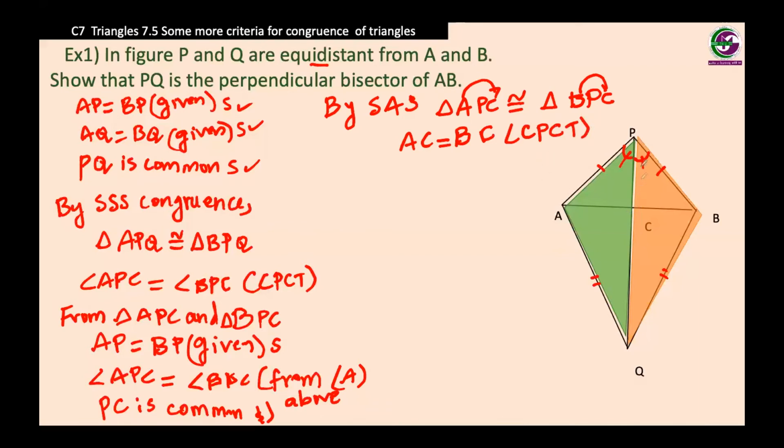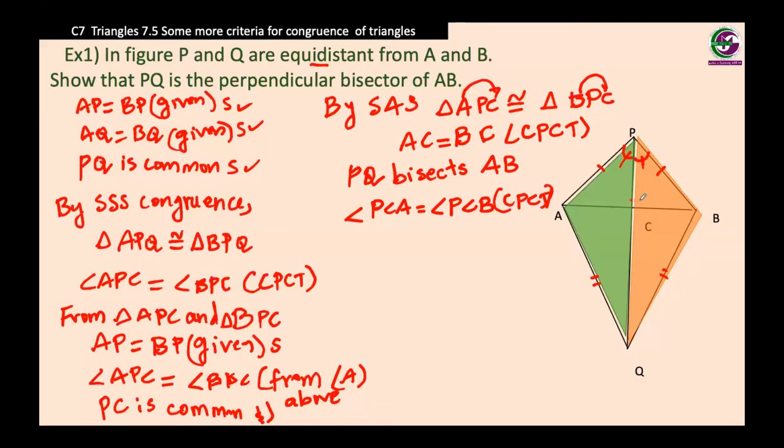So we can see that PQ bisects the side AB. We also know that angle PCA is equal to angle PCB, again by CPCT, because those two triangles are congruent.